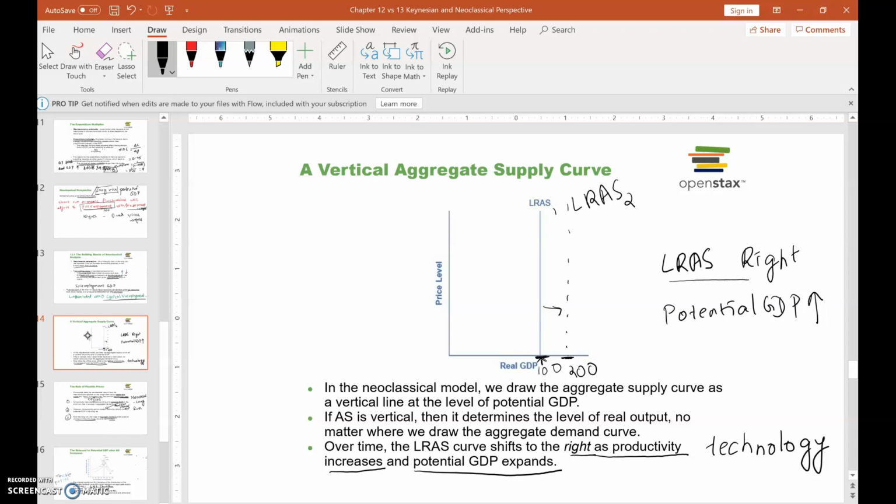So this LRAS shifts to the right because of an increase in productivity, also due to improved technology, better resources, and so on and so forth.